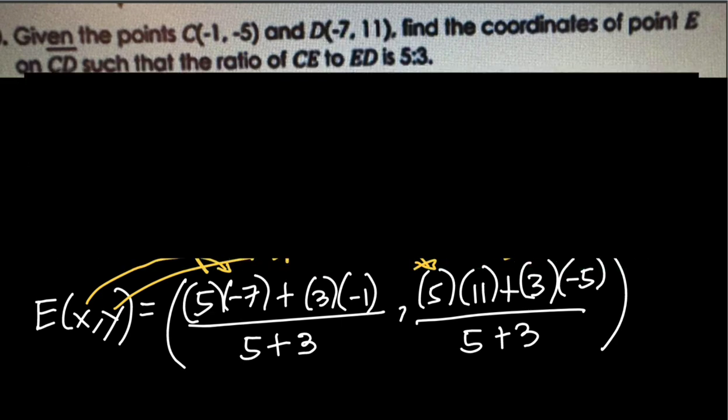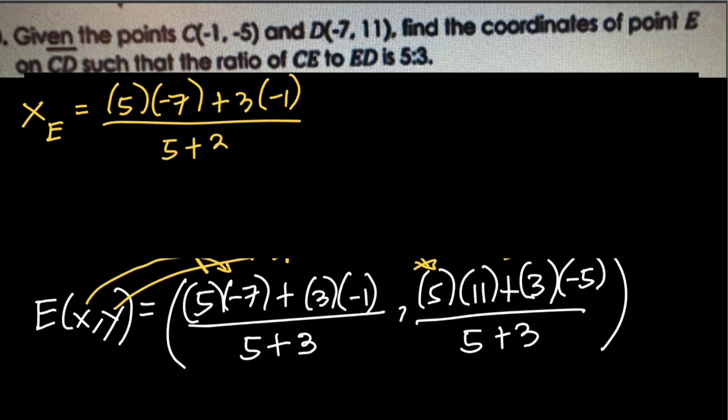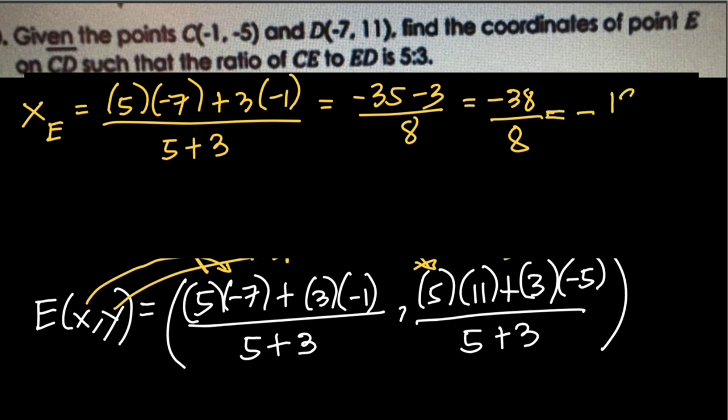Okay, we can do this separately. The x-coordinate of point E is equal to 5 times -7 plus 3 times -1 over 5 plus 3. So this is -35 minus 3 over 8, which is -38 over 8. They're both divisible by 2, so we can reduce this fraction to -19 over 4.